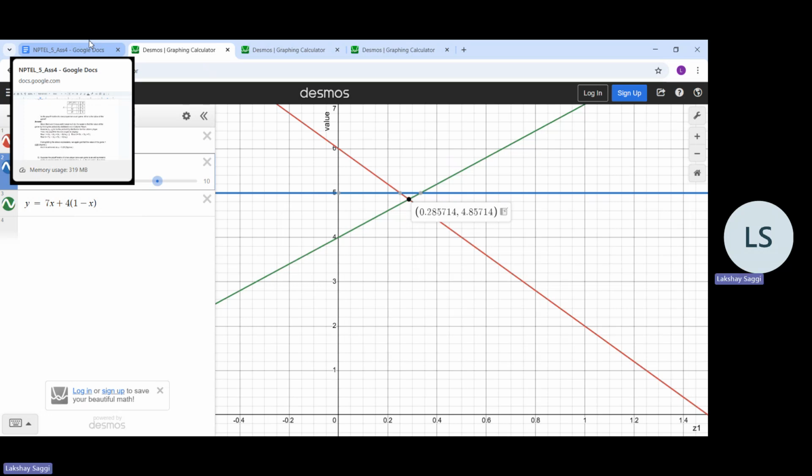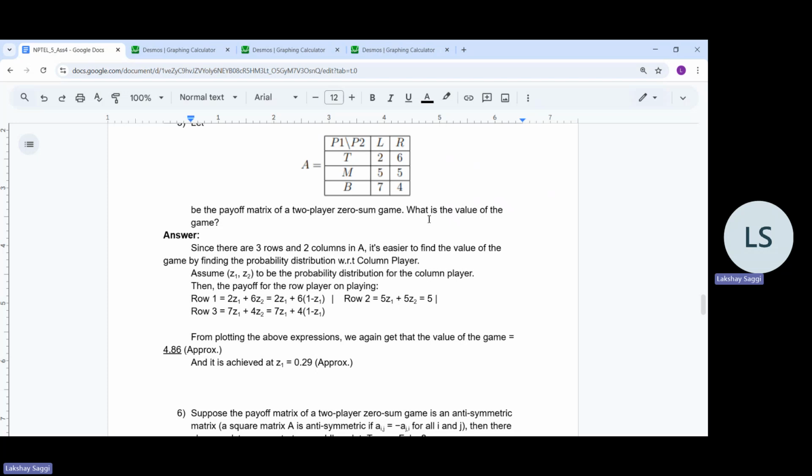Because I think the answer which I have for this problem is a bit different from the answer which we have arrived at. So I'll just see if we have done this correctly. Because I'm seeing the answer to it as written as 5, but I think the answer is incorrect. It should not be 5.